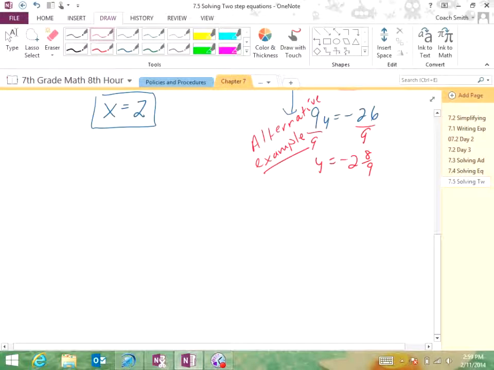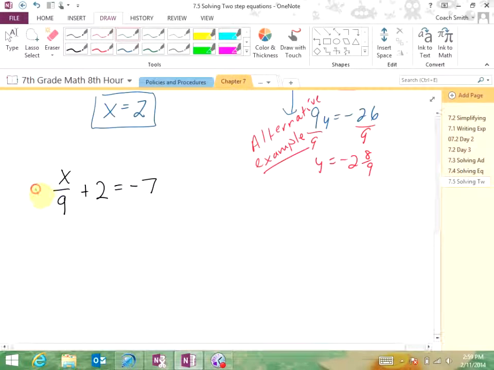All right. Now, brings us to the ones that have fractions or division. X over 9 plus 2 equals negative 7. Now, the same thing holds true here. It's still two different operations.